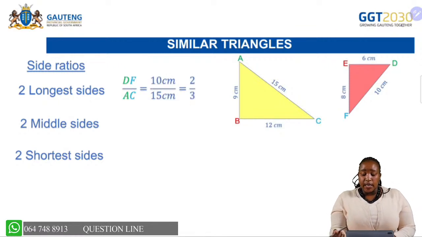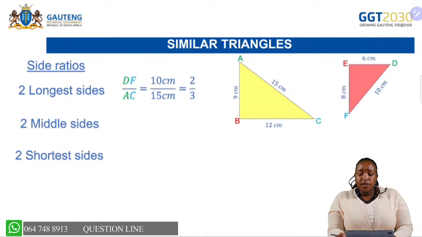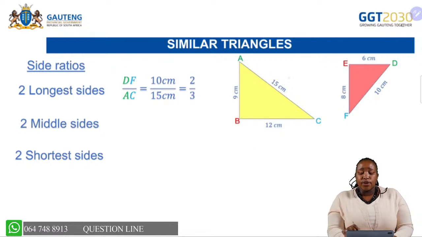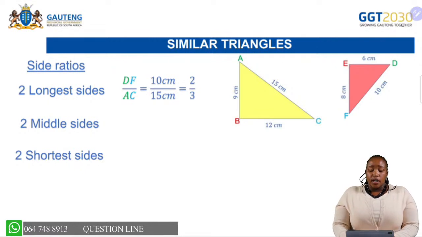I'll do that as the example, which means for me in these triangles, because I have DF over AC, my values for the smaller triangle will be at the top. They'll be my numerator, okay? And then the values for the bigger triangle will be my denominator. Remember, this is not a rule, okay?